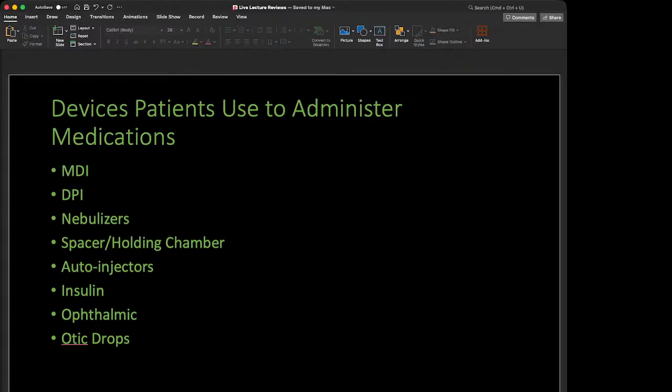Right now, I'm mainly focused on the MDI and DPI overview, and partly nebulizers, because you may or may not see it in practice, but there are a lot of patients who might be on an inhaler, and they might not know how to use it properly.